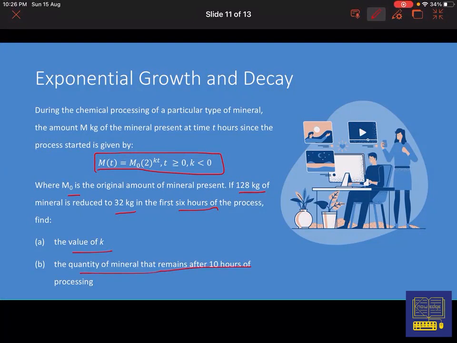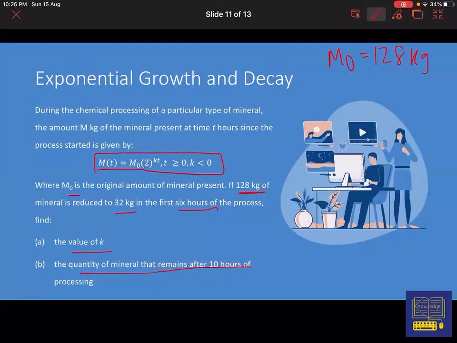So we know that the initial amount was 128. So M0 is going to be 128 kg. So when we write that over here, instead of M0, we're going to write 128. And we know that it is reduced to 32 in the first 6 hours.